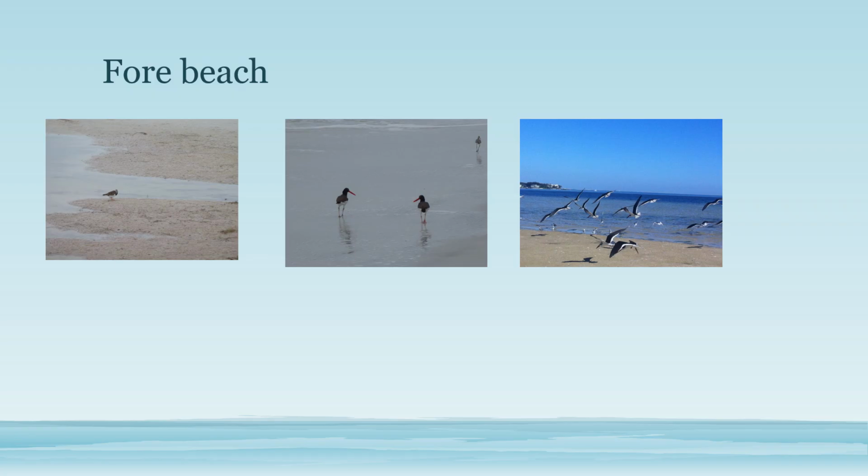Sandpipers and turnstones forage in the sand for crustaceans and mollusks. So you have a small ecosystem of birds, sandworms, mollusks like coquina grow on the forebeach and spend their lives there. So it's a thriving habitat, the forebeach.